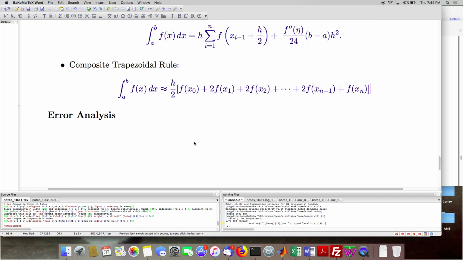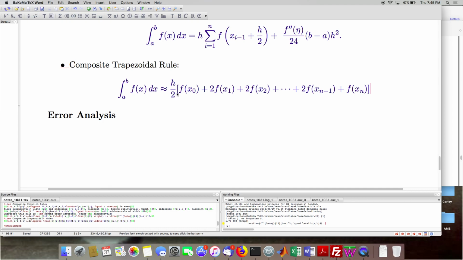Notice we plug in all the nodes, x naught up to xn, so n plus 1 points altogether, these are the endpoints, into f. And then we add them all up, but with different weights. So every point has a weight of 2 in here, except the endpoints, where I have a weight of 1. And then we multiply the whole thing by h over 2.